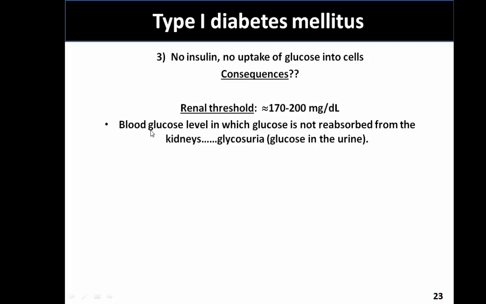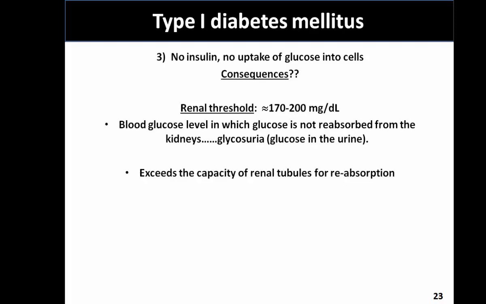And so after the kidney hits that renal threshold, those extra glucose molecules are not reabsorbed into the cardiovascular system, and they're excreted from the body in the urine, hence the increase in glucose concentration in the urine.